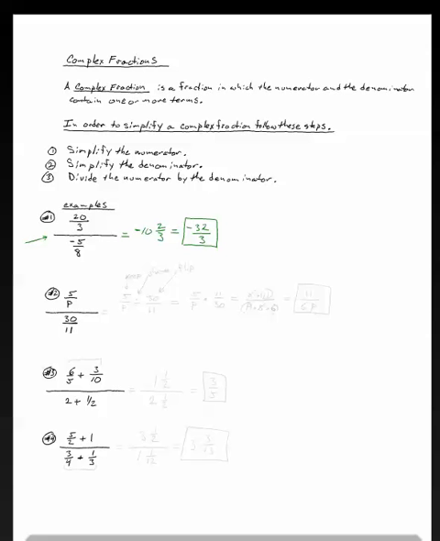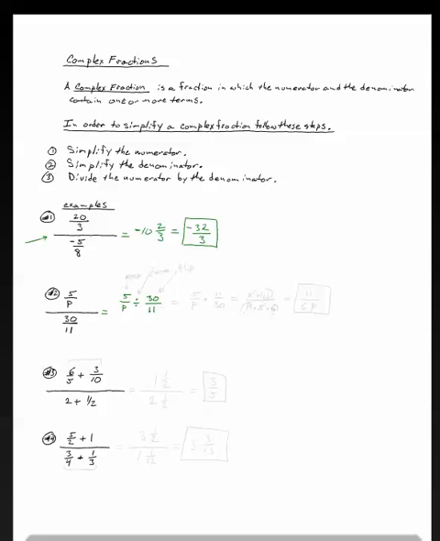In example 2, it says 5 over p divided by 30 over 11. Since there's a variable in here, we're not going to be able to use our calculator. So the first thing I would do is write this as 5 over p divided by 30 over 11.